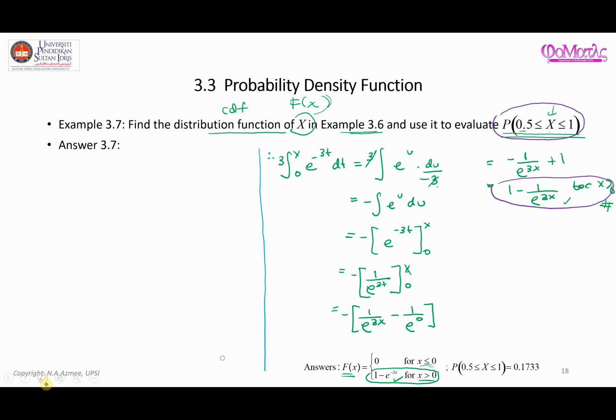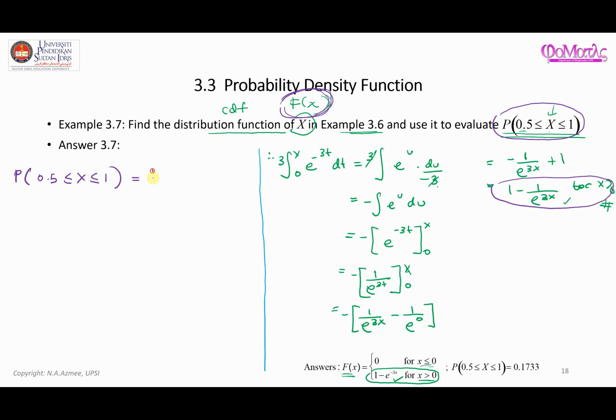Now let's move on to the next question, which is to find the probability of x in between 0.5 and 1. Since we have found the value of the CDF of x, we can use this result here.